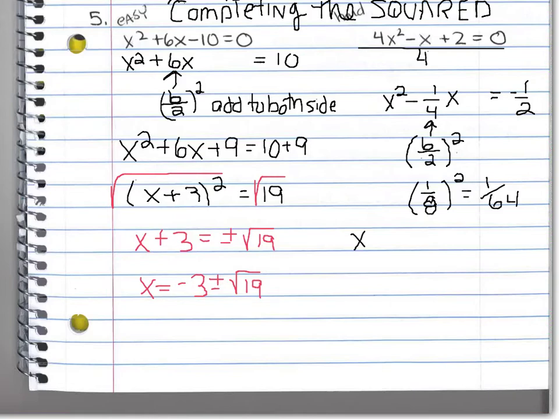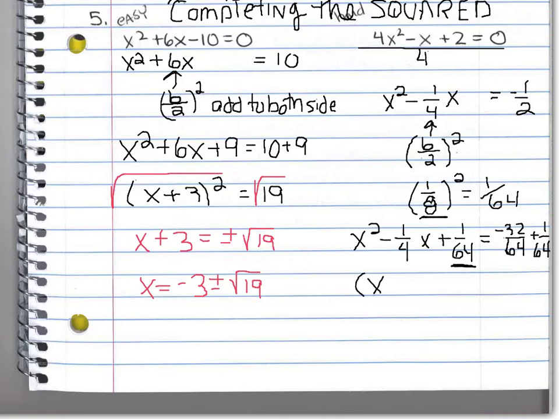This will be x squared minus 1/4 x plus 1/64 equals negative 1/2, which I'm going to write as negative 32/64 plus 1/64. The beauty of the completing the square step is the 1/64th that's right here is always going to be the number that you divided in half before you squared it when you factor it.